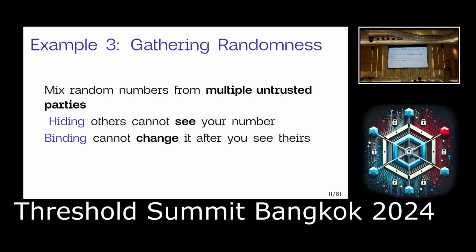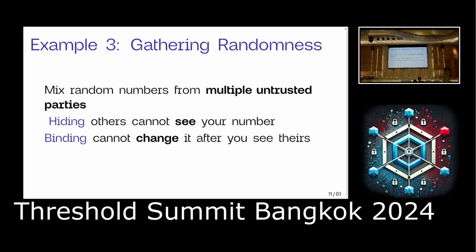Now, the third example is a bit more theoretical. It's an idea that has been in the space for a while, which is a way to generate unbiasable and unpredictable random numbers, not with DRAND, but by having multiple parties come together and all contribute their own random number.